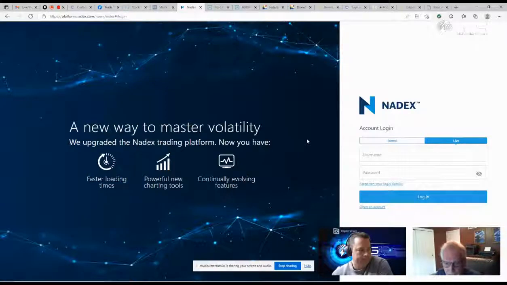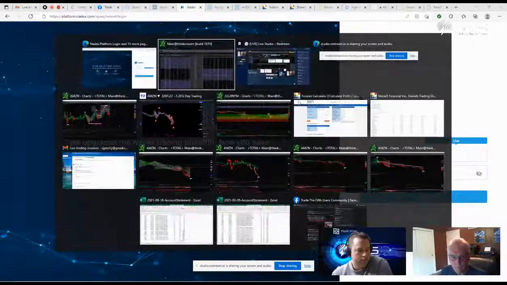The graphing with the Elliott Wave day trading bundles looks like it really works very well in Nadex. But I'll save that for a later conversation, because it's definitely a different trading scheme than your normal buying and selling of calls and puts and so forth. Okay, so let me go back.